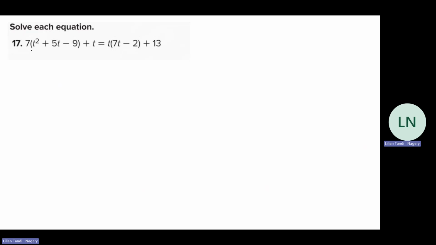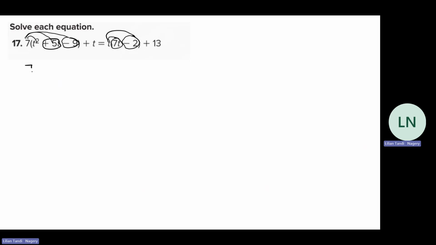Right, now we need to solve this. We will do distributive property. Always remember to look at the sign.